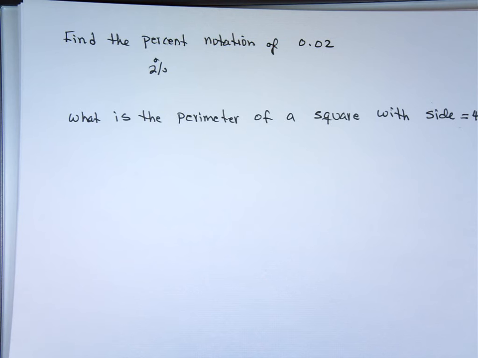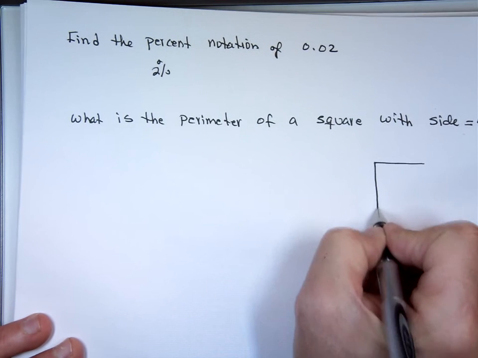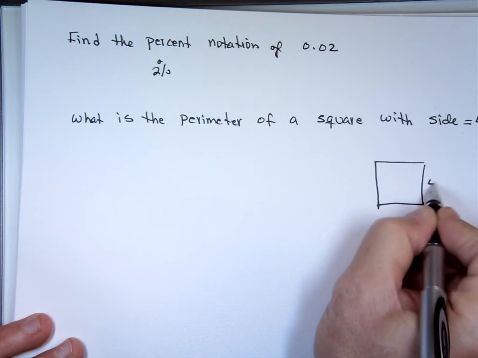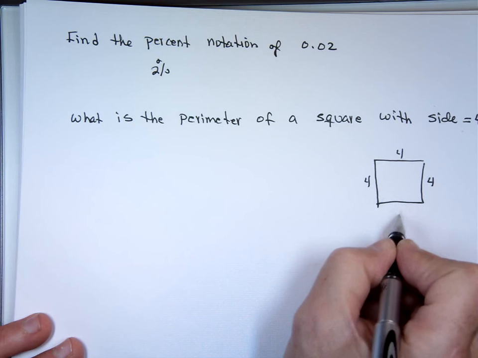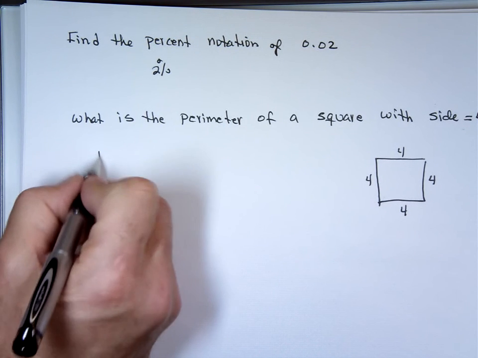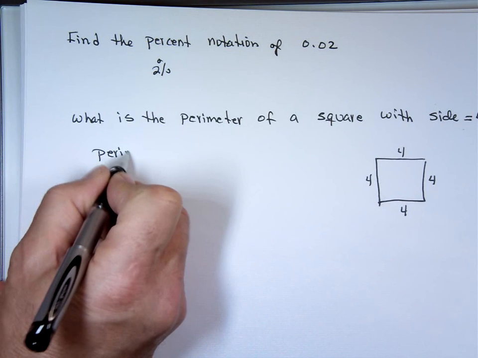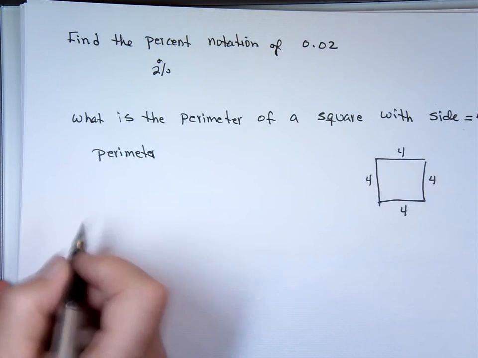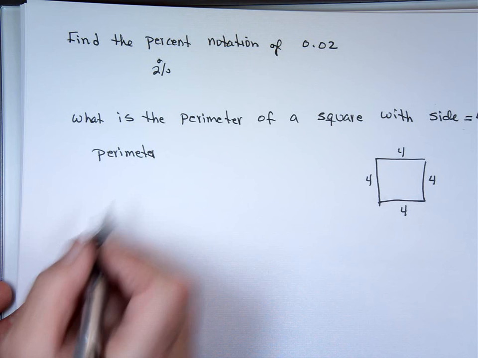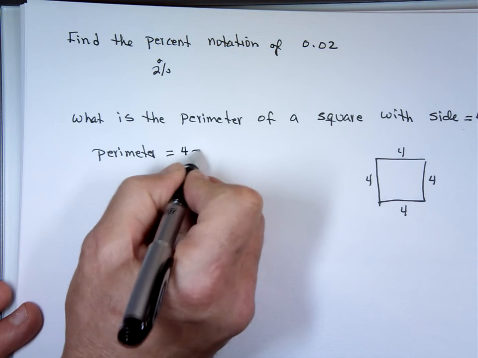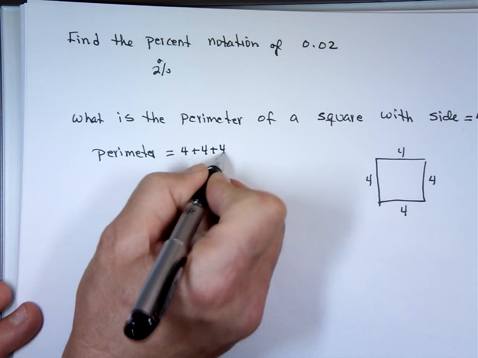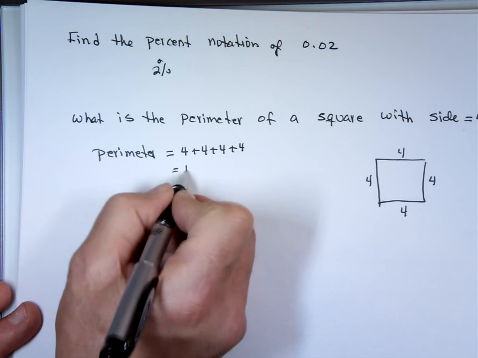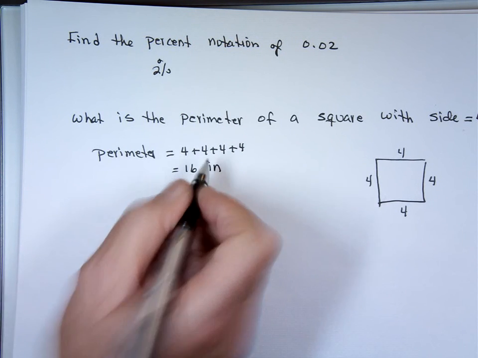When you see the word square, the sides are equal. So the sides for the square are 4, 4, 4, 4. What's the perimeter? The perimeter, if you were to buy a fence to go on the outside, how many feet of fencing or inches you're going to need? So we add all 4 sides. 16 inches, not inches square, just inches.